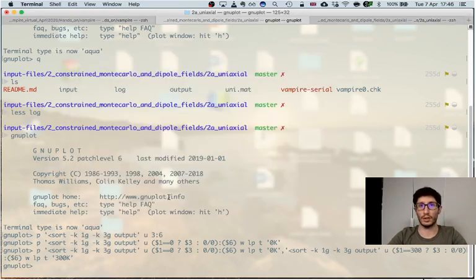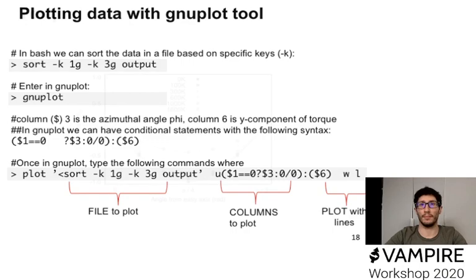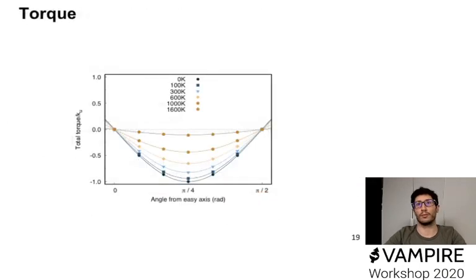So I showed this, and then if I go back to the slides, if we would run simulations every 15 degrees, for example, in this case, with more temperatures, this is what we actually would obtain. So our torque is a function of angle, and then what I did was to perform a fit.